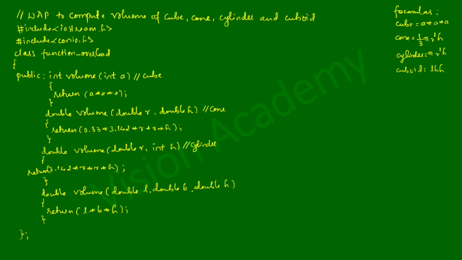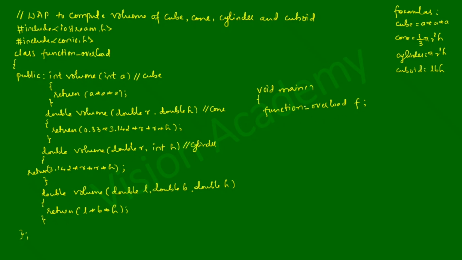Now we are going to create the object of this class using main function. Now I'm going to write here void main, curly open brace. Here I'm going to write the name of the class, that is function underscore overload, and now I'm going to write f as an object.